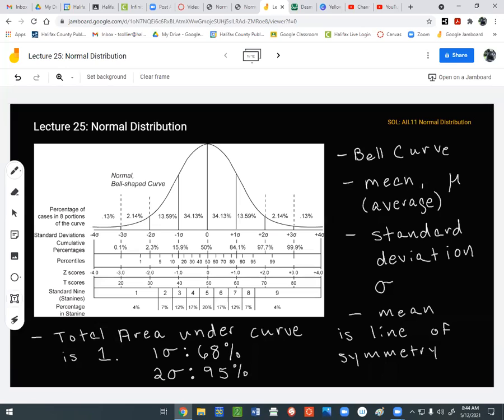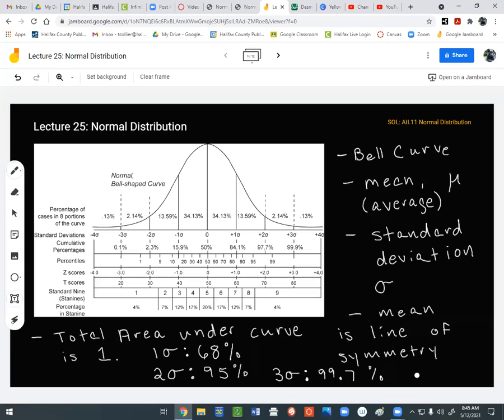And then 3 sigma, that's going to be 3 standard deviations. So that's going to be from -3 sigma to +3 sigma. And there's more after that. But between -3 and +3, you're going to have 99.7% of all the data. So the vast majority of the data is very close to the mean.